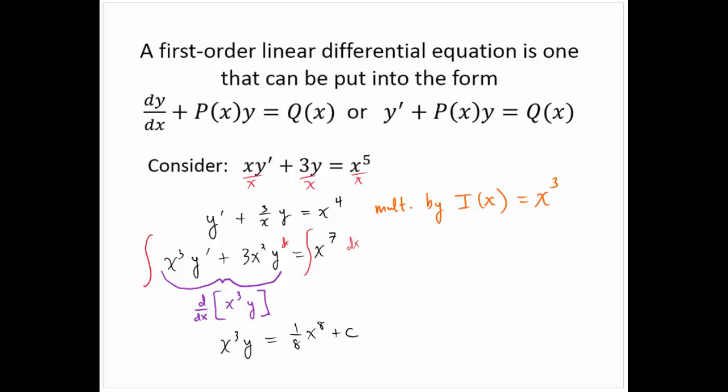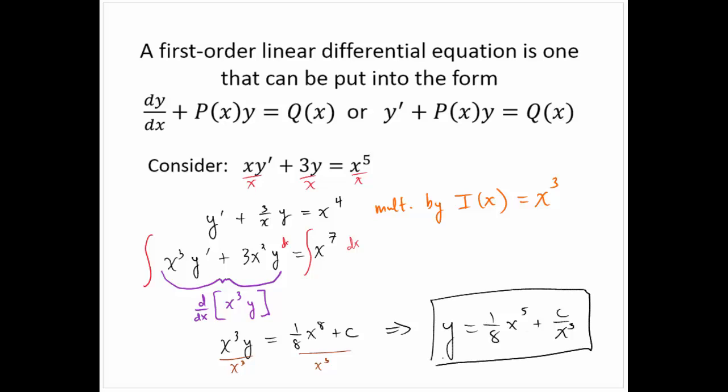In this case, we can easily isolate y by simple division. Let me divide through by x cubed. Then y is equal to 1/8 x to the 5th plus c over x cubed. And there's the solution of the equation.